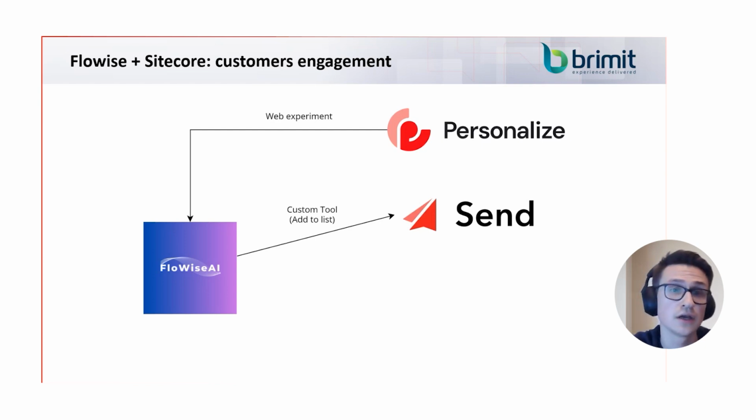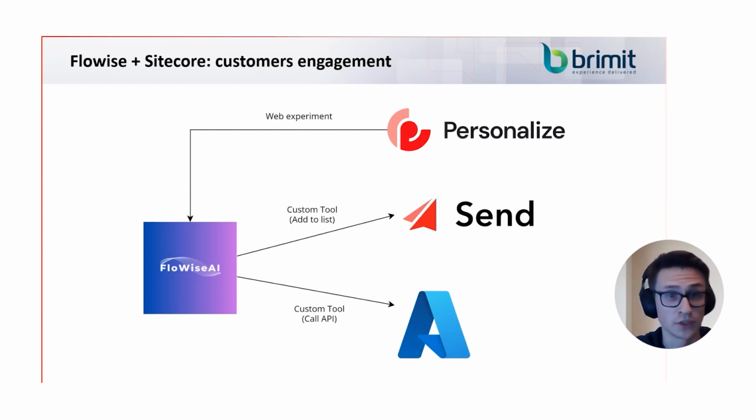For example, if we are suggesting a product which is not currently available, we can add the user to a mailing list in Sitecore. That way we store information about this future customer, and in the future we will be able to configure an automation to send a notification when the product becomes available.